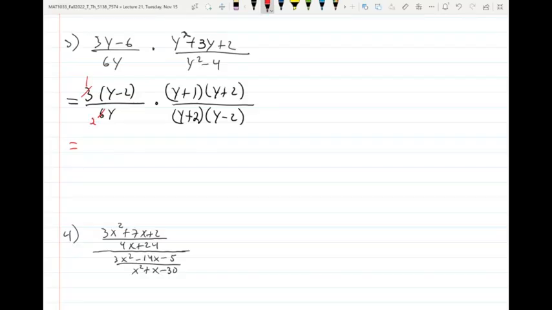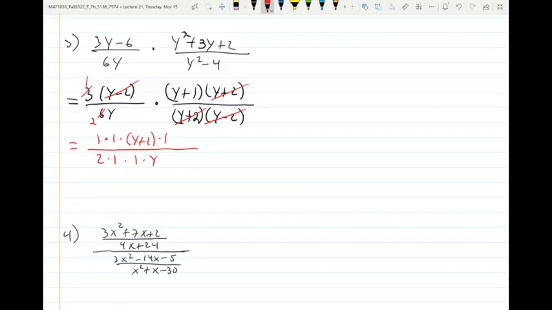All right, y minus 2, can we cancel it with something? Let me start writing down the stuff that remains. Yeah. So y minus 2, yes, cancels down here, right? So they have a 1 in their place. Y plus 1? No. So leave it there. Y plus 2? Yes. And then there was that y that we didn't touch.